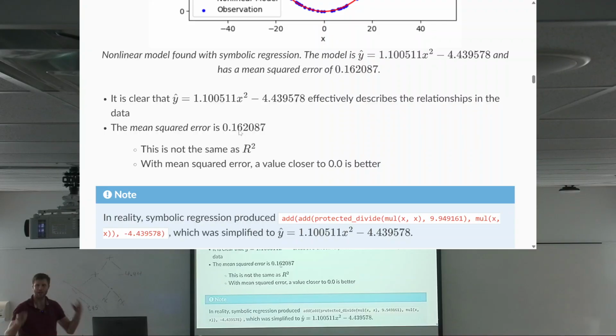Mean absolute error is nice, it's easy for us to understand, okay? However, through evolution, we like to use mean squared error as a measure of fitness. Can anyone tell me why that might be? It's not a crazy complex problem, but it's tricky to kind of understand.